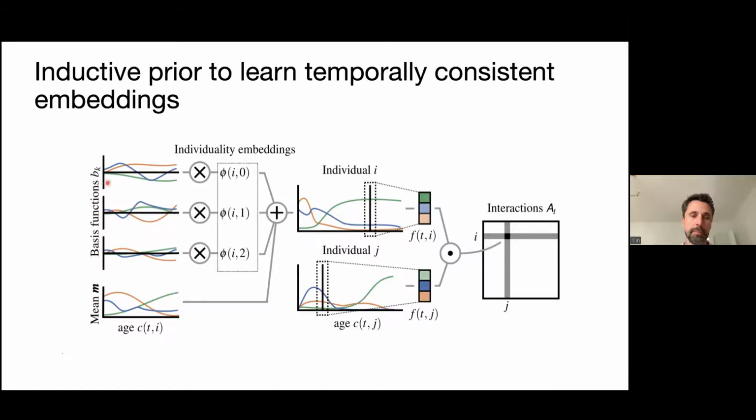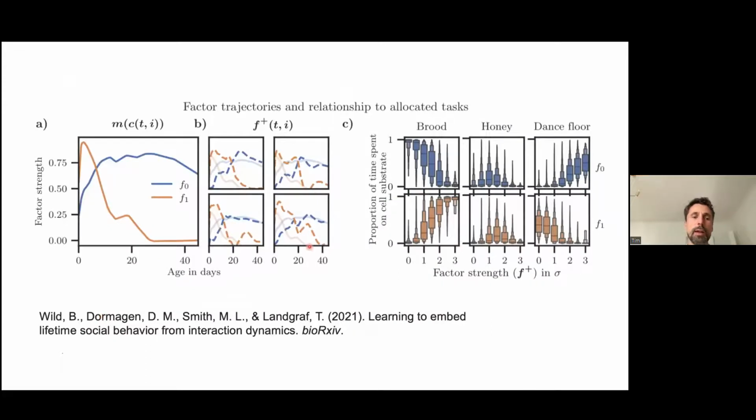And the model is encouraged to use as few basis functions as possible. And in the end, one of the best models that we trained actually manages to describe the interaction dynamics over time with only two factors.